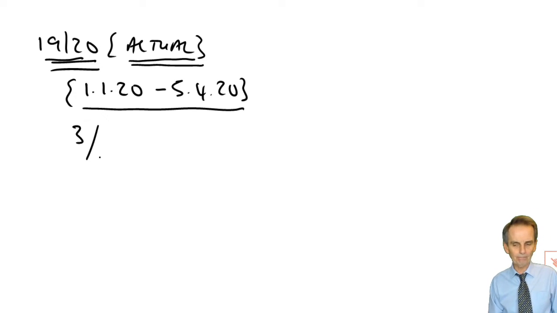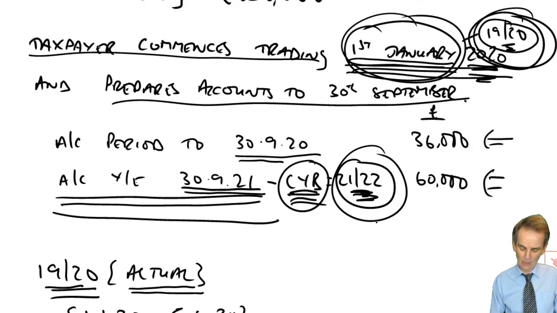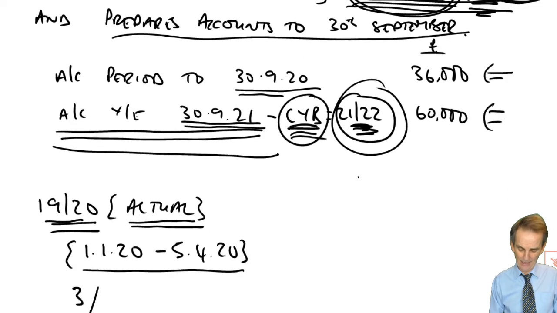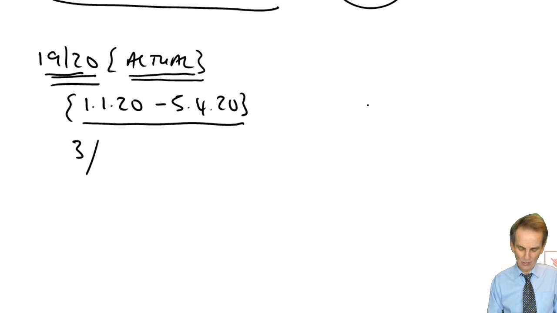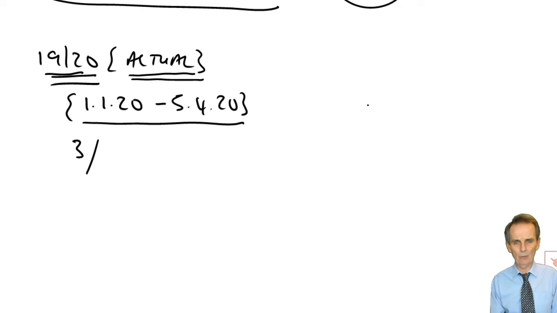Out of, how long was the opening period? It was a 9-month period to 30th September. So, remember, check your numerator: start date to following 5th of April, 3 months. What's your denominator?